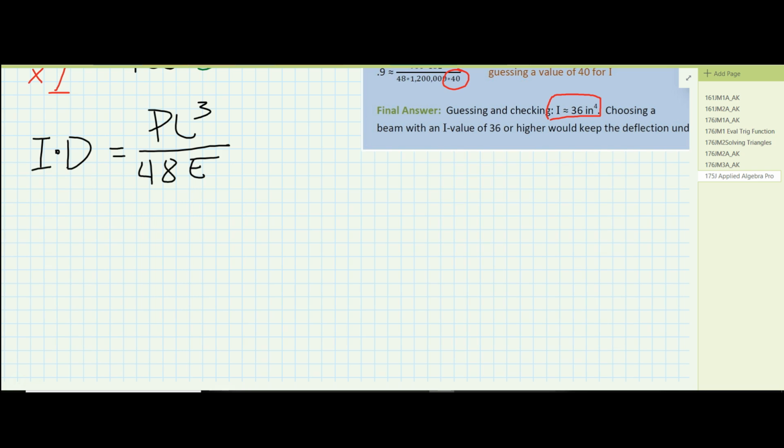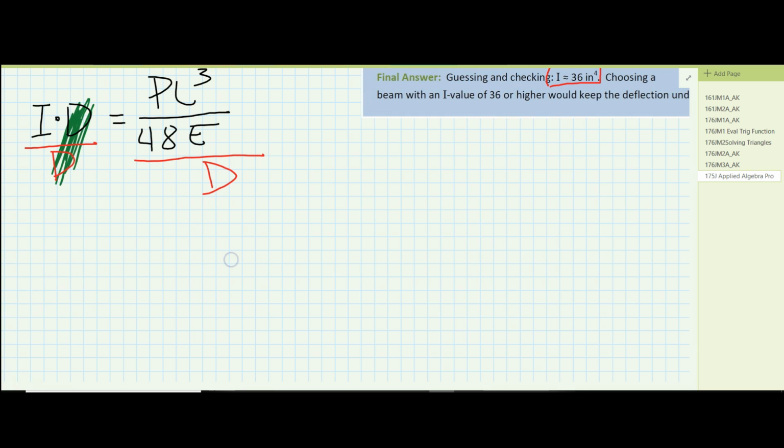So what we would want to do is divide both sides by D. That way, the D's on the left side cancel out, and that puts us with I alone on the left side, and then we have a division of D on the right side. So let's rewrite our equation now for what it would be. It would be I equals PL to the third divided by 48 E D. So here we have a situation where I is by itself.